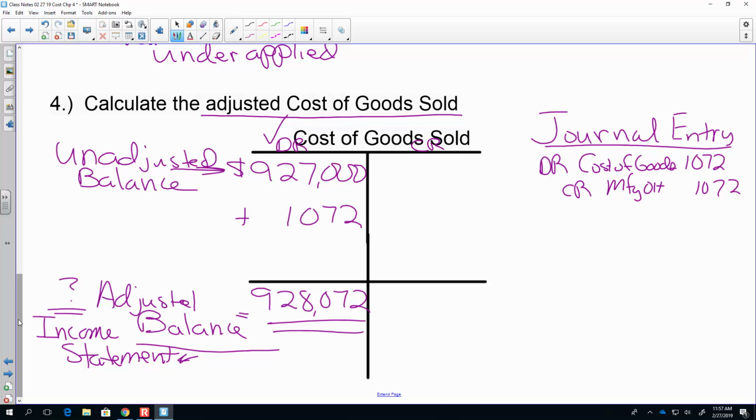Okay. What's another problem with being under applied? You must have enough money set aside for that. Yeah. So for the whole entire year, I've been billing customers way too little. I didn't have enough cost. Remember, I mark up my cost 40%.